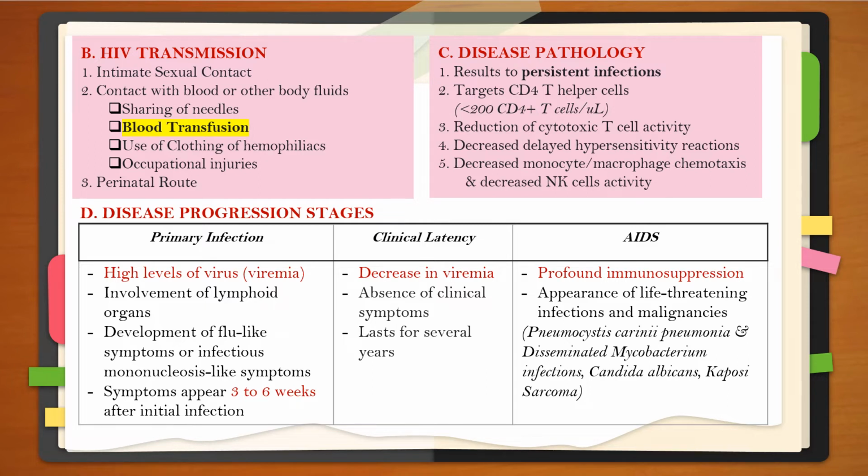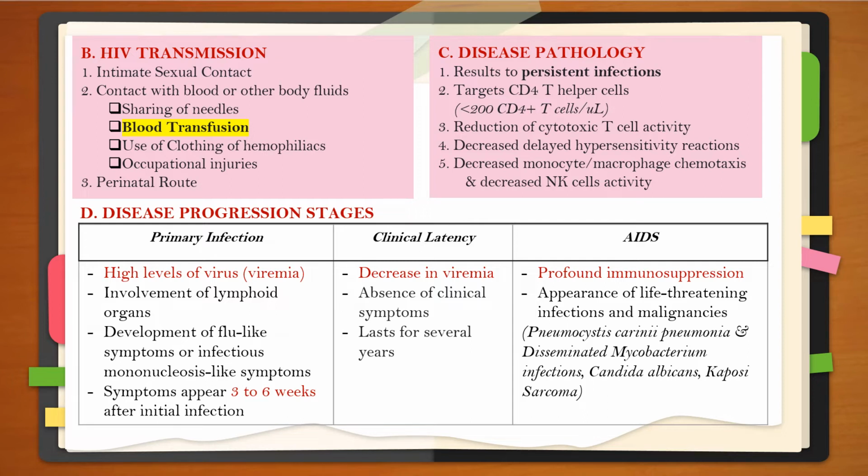When the CD4 T cells decline to less than 200 cells per microliter, it is already diagnostic for AIDS. And in an HIV infection, there is clinical evidence of reduced cytotoxic T cell activity, decreased delayed hypersensitivity responses, a characteristic decrease in the monocyte-macrophage system chemotaxis activity, and of course, decreased NK cells or natural killer cell activity.